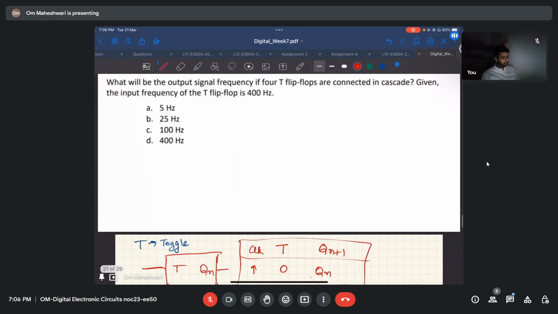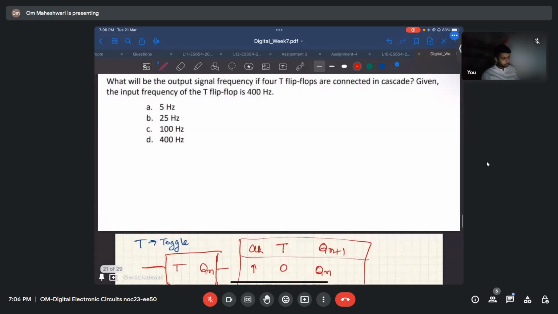Anyway, I'll tell you the concept. I'm unable to draw the timing diagram as of now.